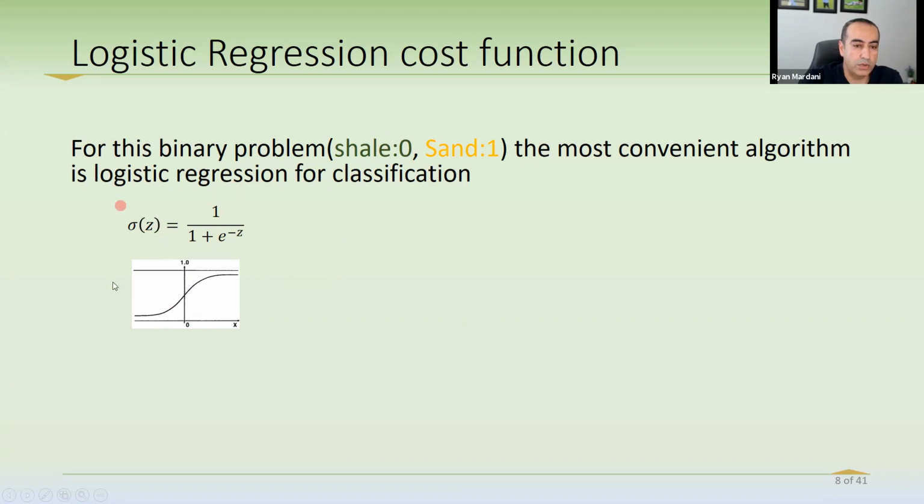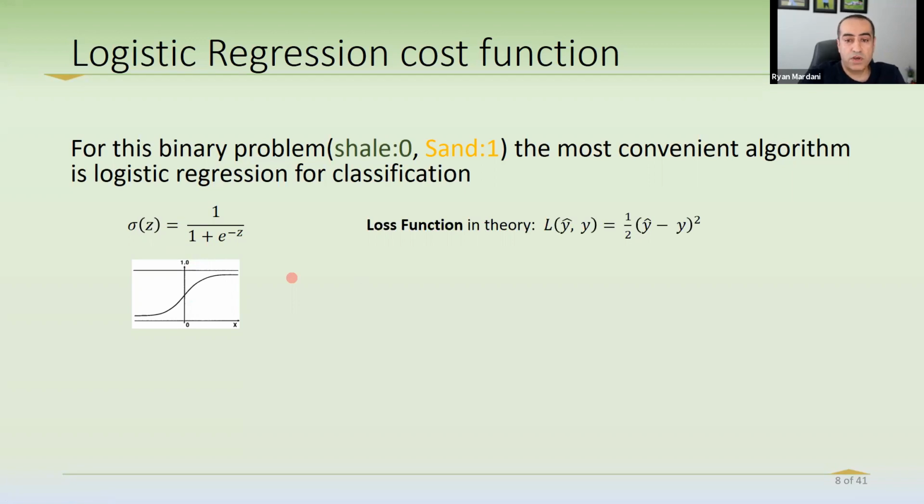If we apply it to any function, it ranges the output between 0 and 1. For this classification problem, shale is 0, sand is 1. It must be the last layer of classification, because we will have some threshold here to see whether it is sand or shale.